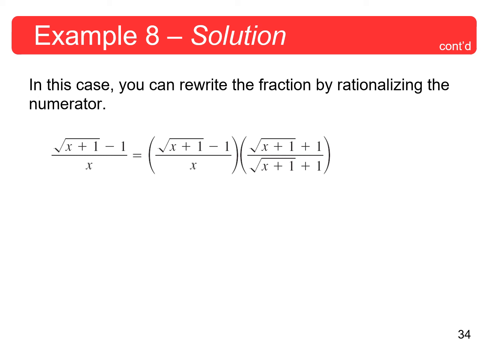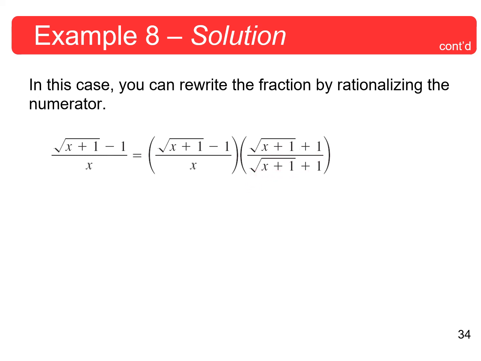So to do this, we will just multiply both numerator and denominator of this expression here by the conjugate of the numerator. So the conjugate of this expression is just copy the first term and the second term and then get the opposite sign of this, which is plus. So you multiply both numerator and denominator by the square root of x plus 1 plus 1.